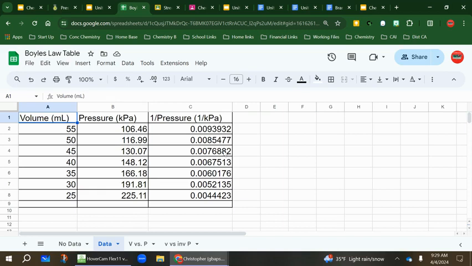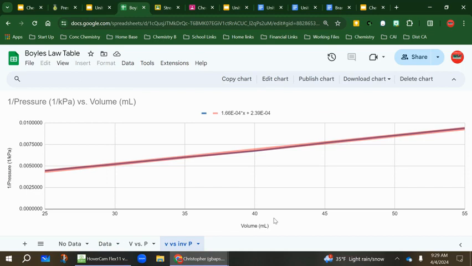So now we can see that as these numbers go down, these numbers also do what? Go down. That means it's a what kind of relationship? It's a direct. And again, now, when I switched my axis numbers around, which there's a button that you can do with Google that I didn't know there was a button you can do. Now look at the line that we get.